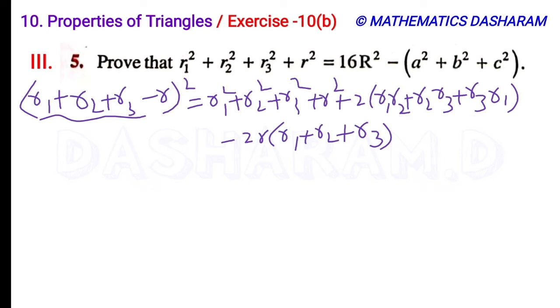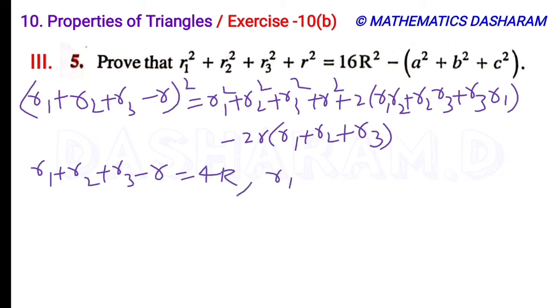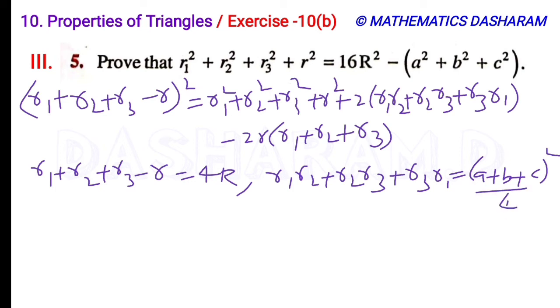In the same exercise we already found the value of r1 plus r2 plus r3 minus r is 4r. Next, in the same exercise, r1 r2 plus r2 r3 plus r3 r1 equals a plus b plus c whole square divided by 4.